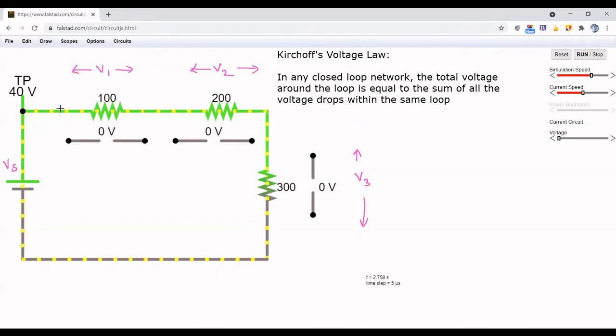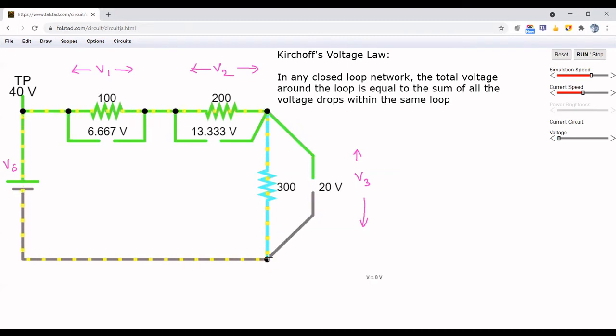I add a wire, and see, this has to be connected to the end of the resistor. So I just connected it to the end. And now I connected across 200 ohm, and this voltmeter is connected across 300 ohm.